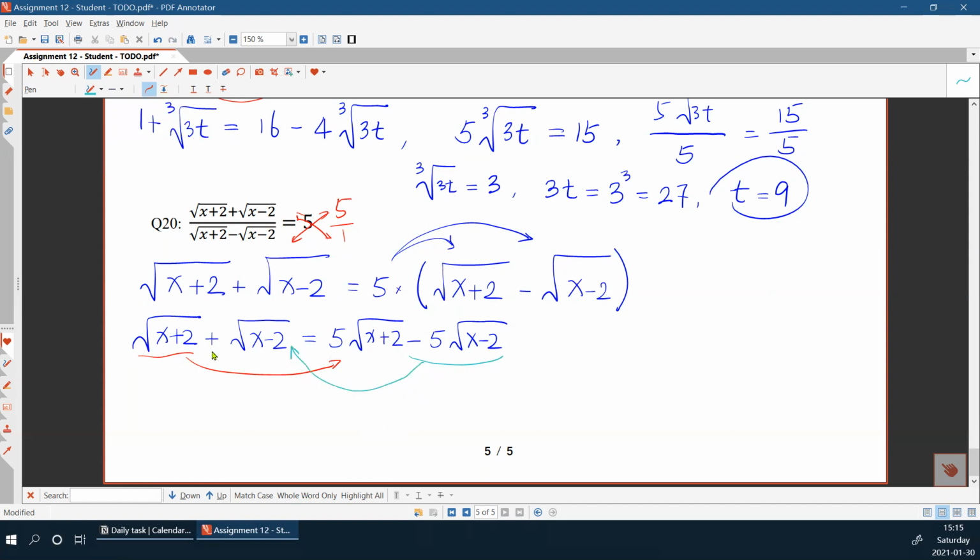We can put the square root of x plus 2 terms on the right-hand side and all the square root of x minus 2 terms on the left-hand side. This gives us 6 times square root of x minus 2 is actually 4 times square root of x plus 2. Correct?